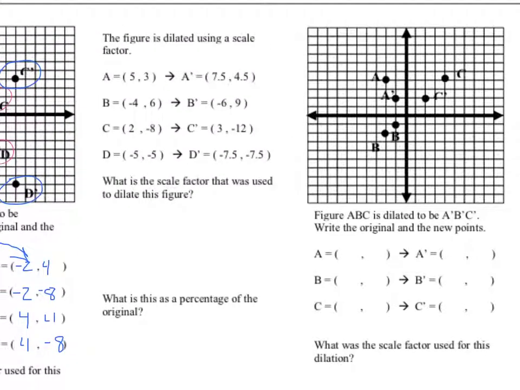All right, over here we have a slightly different problem. They didn't give us the figure already drawn, but we need to find how much this was dilated. So what did we say we could do to find out how much something was dilated? Yeah, the new divided by the old.